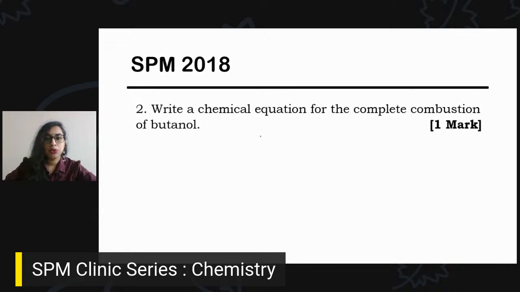Let's look into the second question. The second question is, write a chemical equation for the complete combustion of butanol. So you have to know how butanol will look. Butanol has 4 carbons, so we are going to draw it: 1, 2, 3, 4. For the first carbon, there are 3 H atoms. For the next carbon, there will be 2 H atoms.